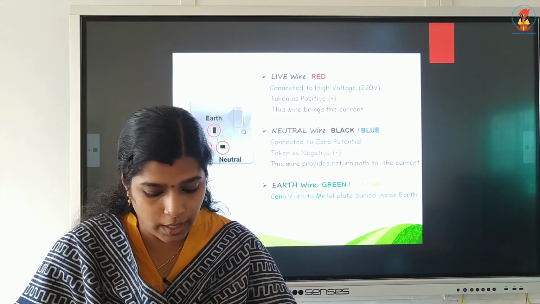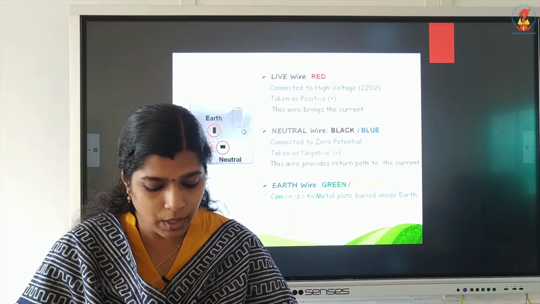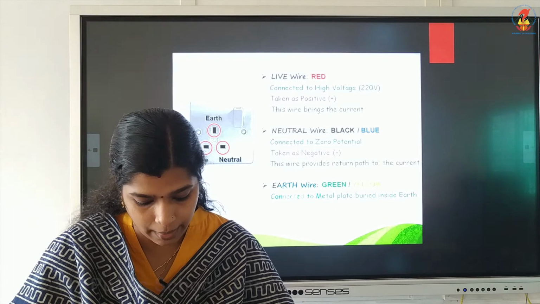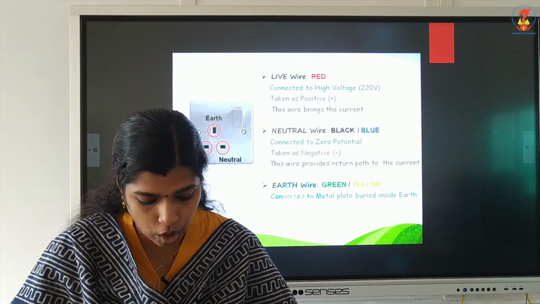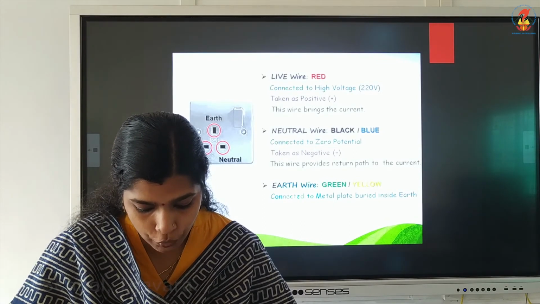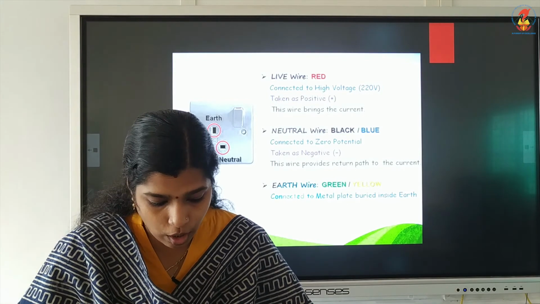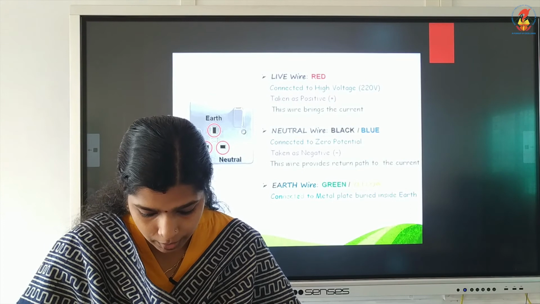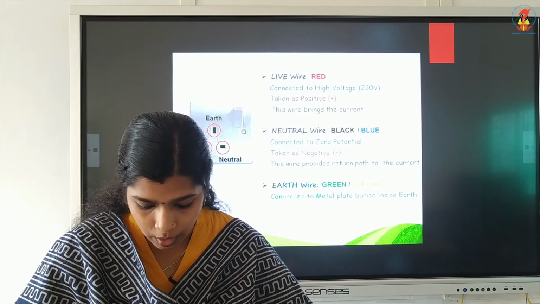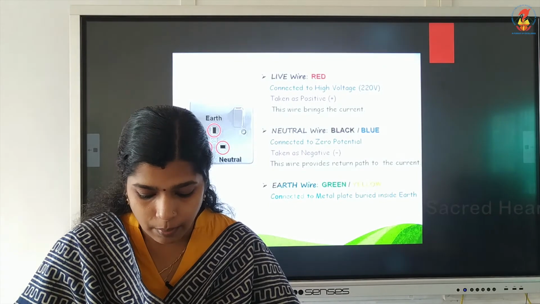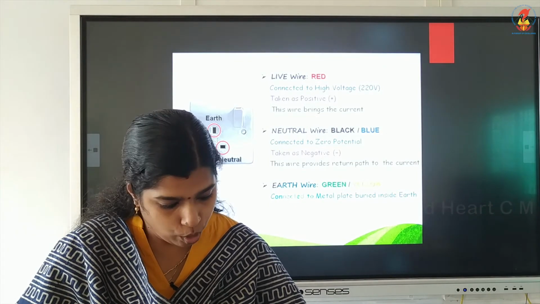The use of an electric fuse prevents the electric circuit and the appliances from possible damage by stopping the flow of unduly high electric current. Joule's law of heating effect takes place, melts the fuse and breaks the electric circuit.